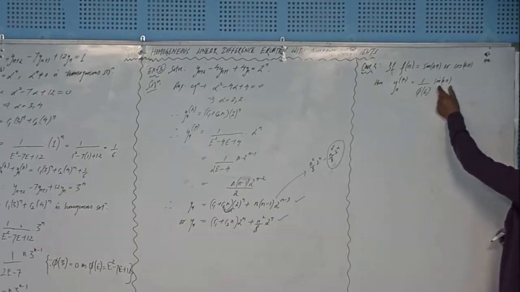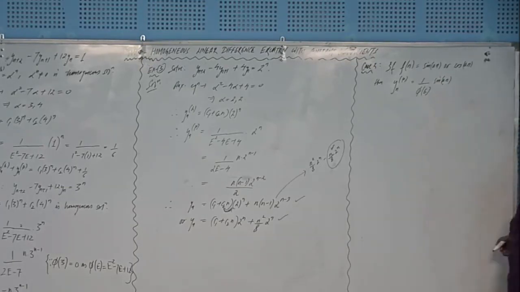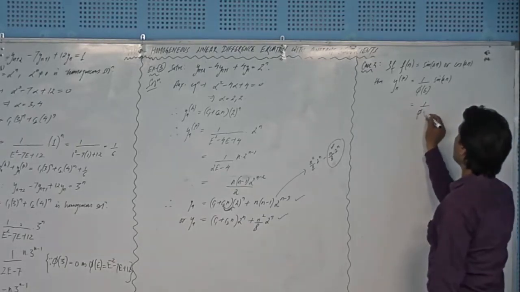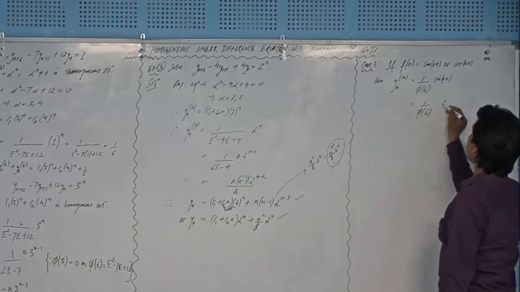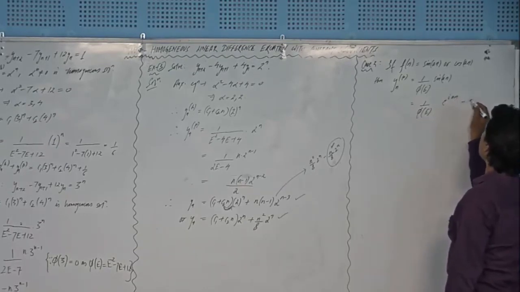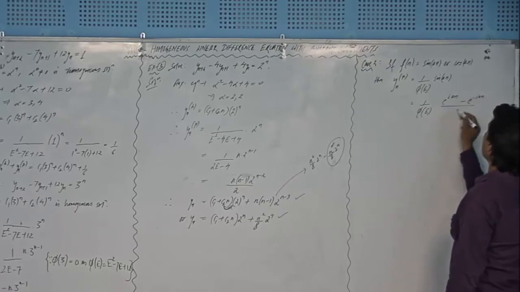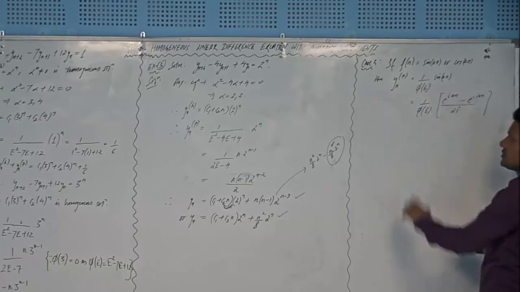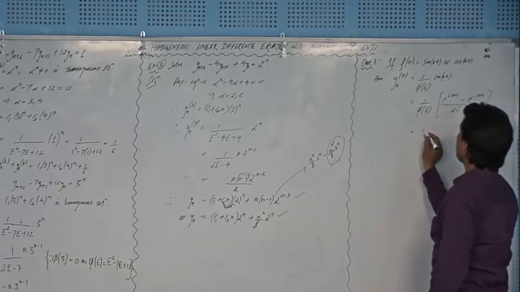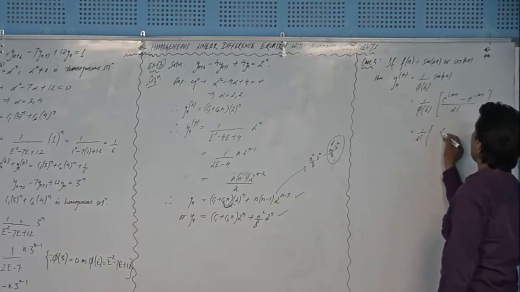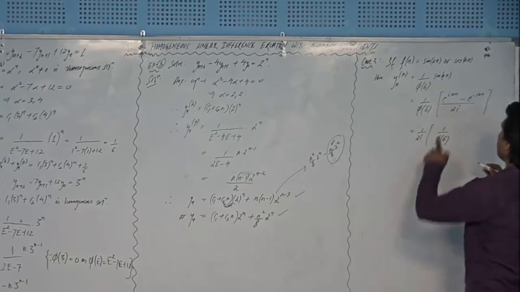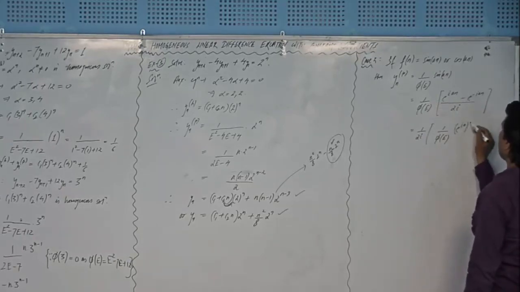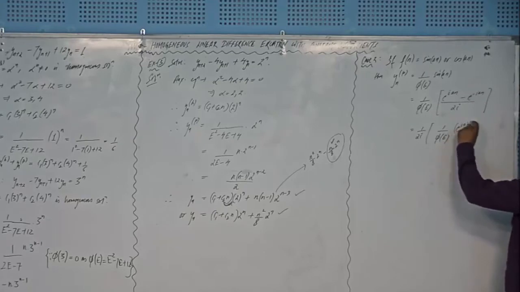So if we have sine an here, we will convert this sine function into an exponential function by using this rule, 1 over phi E. You know that the formula for sine theta is equal to e to the power iota theta minus e to the power minus iota theta over 2 iota, right. And then this becomes case number 1. Why? Because you see this, just take this 1 over 2 iota outside, and here we have e to the power iota an, and this can be written as e to the power iota a, to the power n, so that this is a beta to the power n, right.